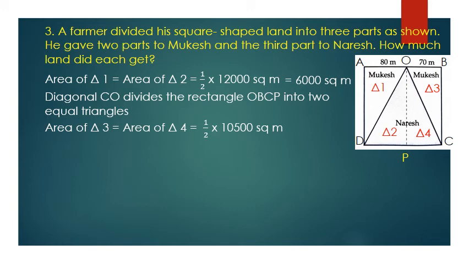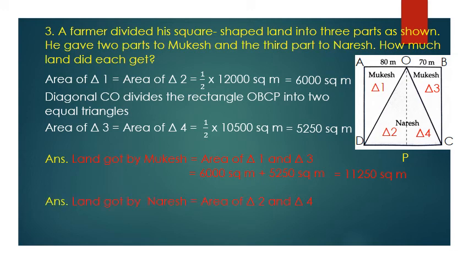So 1 by 2 multiplied by 10,500 square meter is equal to 5,250 square meter. Therefore, our answer is: land got by Mukesh is equal to the area of triangle 1 and triangle 3, which is equal to 6,000 square meter plus 5,250 square meter, which in turn is equal to 11,250 square meter.